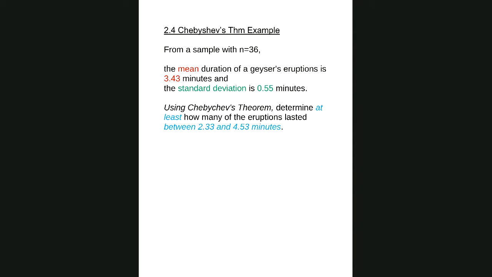This says, from a sample with n equal 36, remember lowercase n is the sample size, so it's a sample of size 36, the mean duration of a geyser's eruptions is 3.43 minutes. Since this is a sample, the mean would be x bar, and it says it is 3.43 minutes.